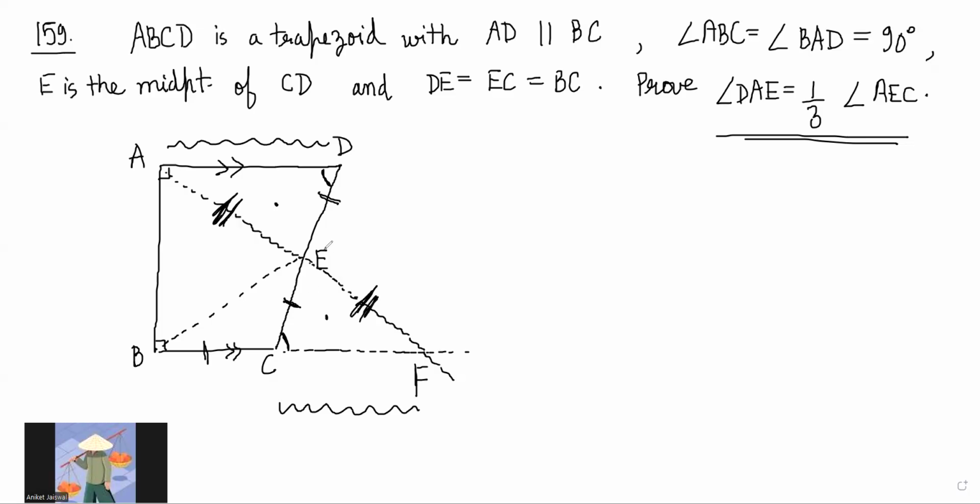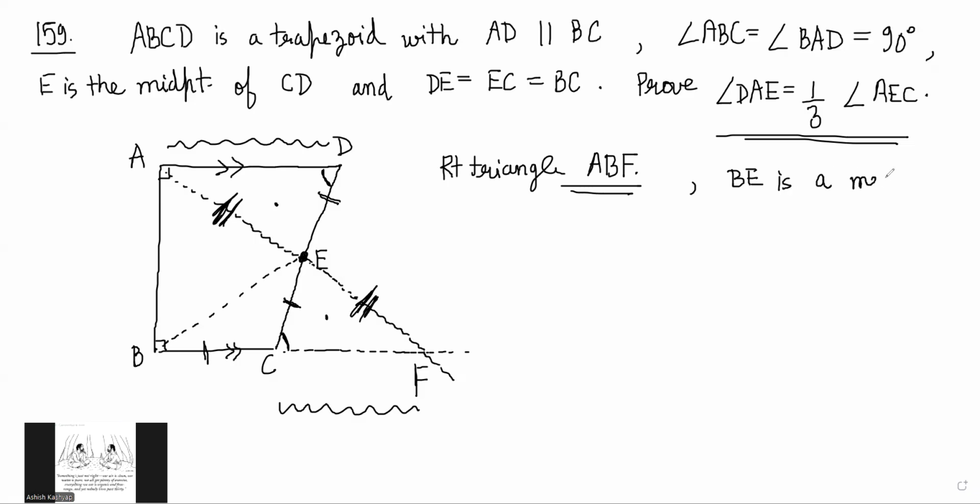Okay, so now we know AE is equal to EF, and notice that there is a right triangle ABF, right? In that right triangle ABF, E is the midpoint of the hypotenuse, right? So line BE is a median of the right triangle, right?